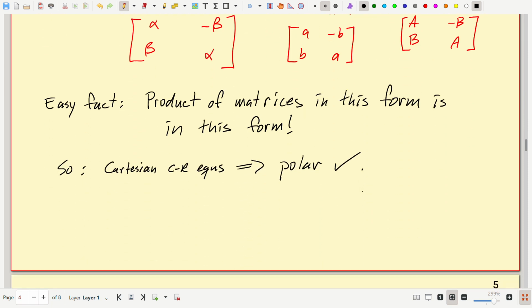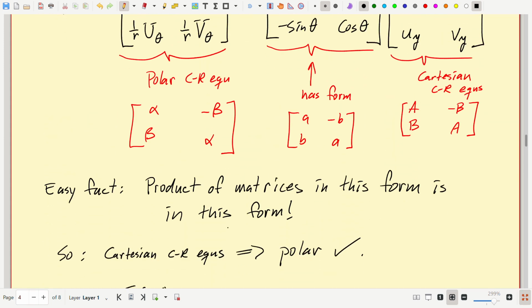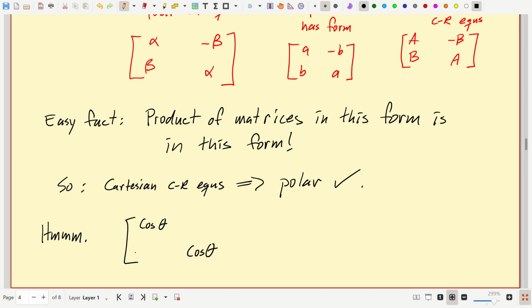So I'm thinking now, what was the matrix? Cosine theta, minus sine theta, sine theta, cosine theta. That's a rotation. The inverse of that matrix would be 1 over the determinant, that's cosine squared plus sine squared, which is 1.